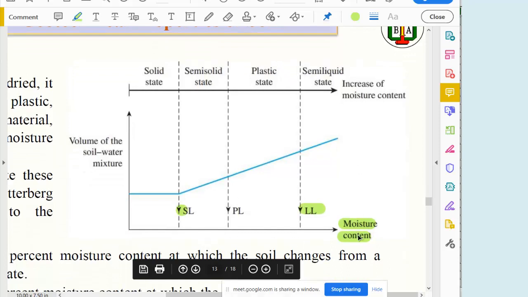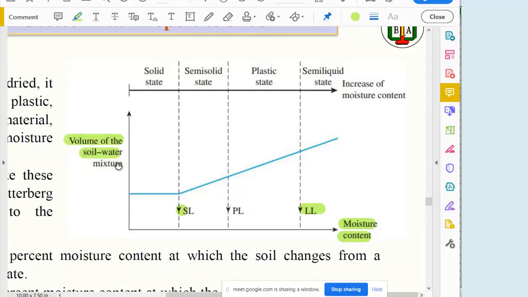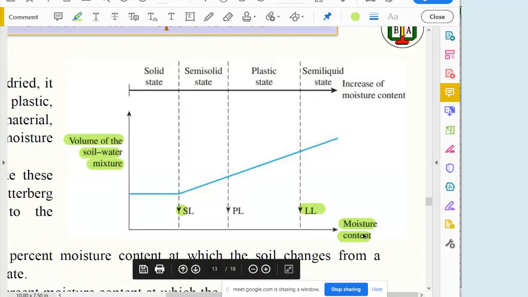So have a look. This is the moisture content and this is the volume of the soil-water mixture, so indirectly this is the volume, right? Once the moisture content increases, that means the water is increasing.